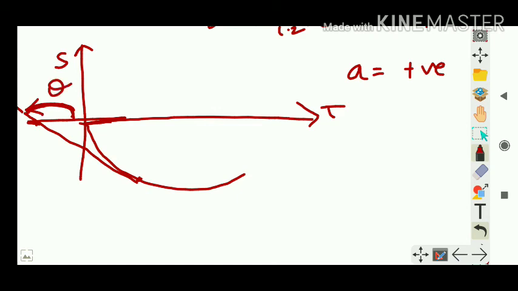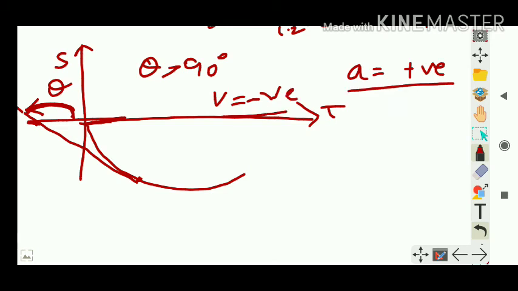So this is our theta, and theta is greater than 90 degree. This is how you take the angle: extend it, meet it with the axis, and take the angle in anti-clockwise direction. And if the angle is greater than 90 degree, it means velocity is negative. Acceleration is positive, velocity is negative. Clear? Keep that in mind.